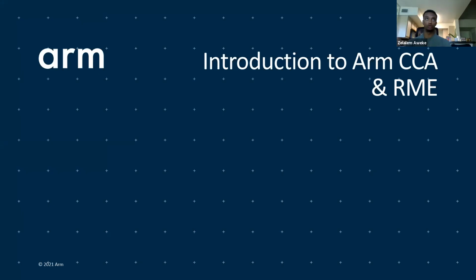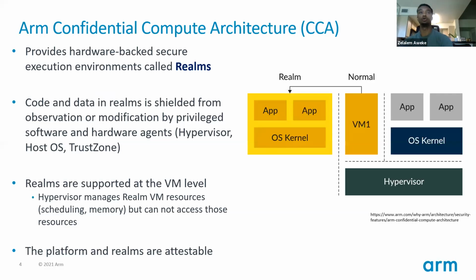Okay, ARM CCA. You might have heard about ARM CCA. It's a new confidential compute architecture from ARM. It's part of the ARM v9 architecture. It is designed for virtualized environments.